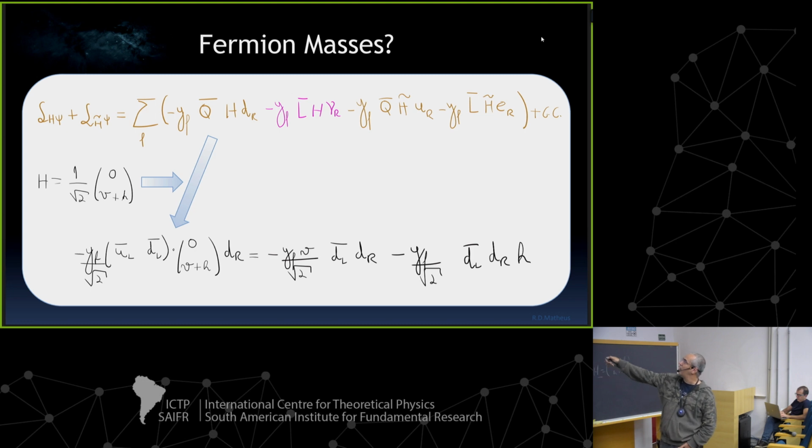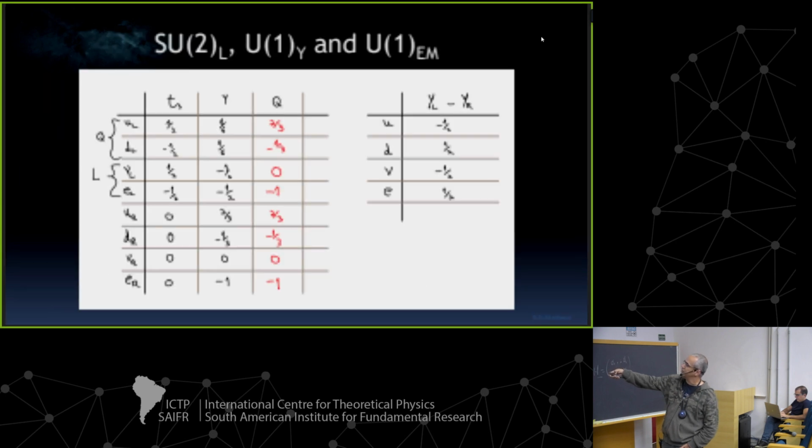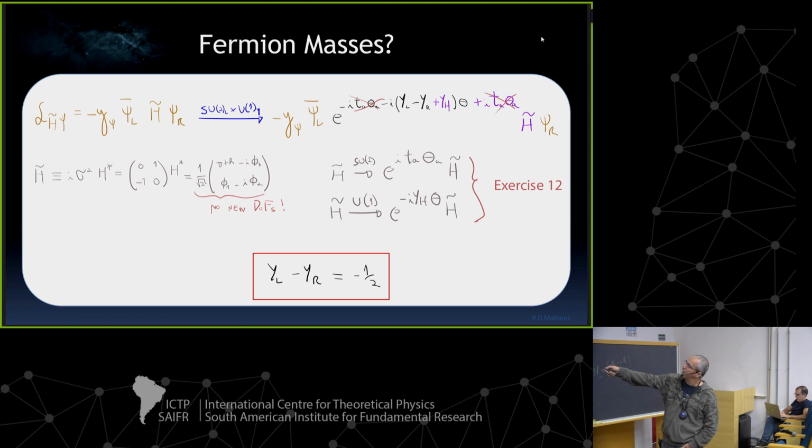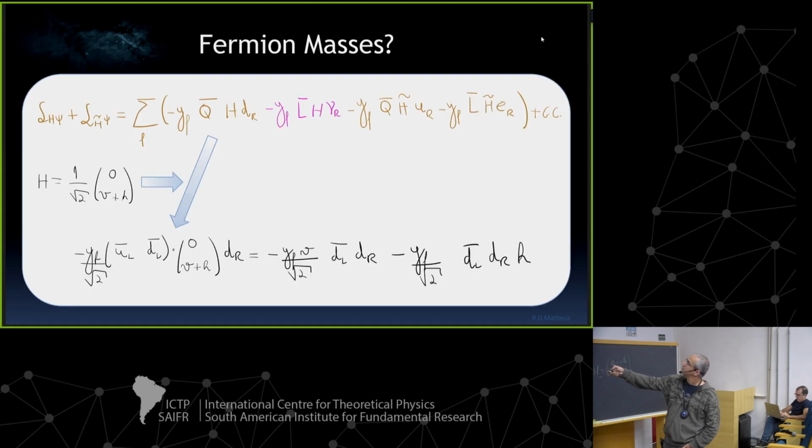You can see how, for instance, here, the V plus H will be on the top, because H tilde has V plus H in the top. So these terms, instead of choosing the down part of the left-handed, they will choose the up part, which will combine with the up part here. But for this one, once you do this product, you get these two terms.